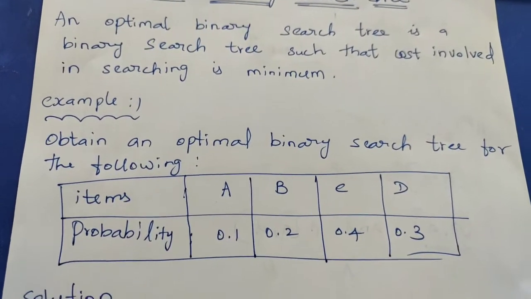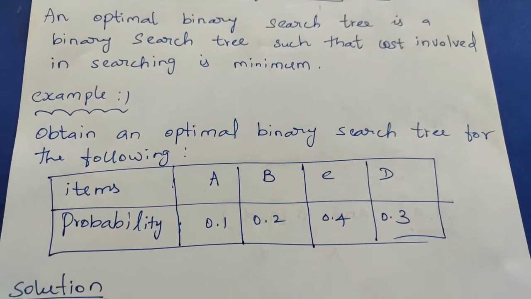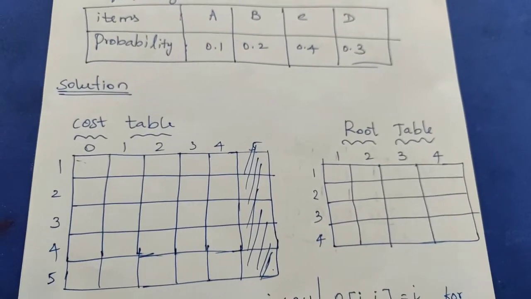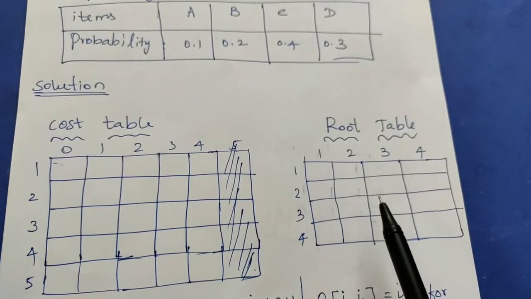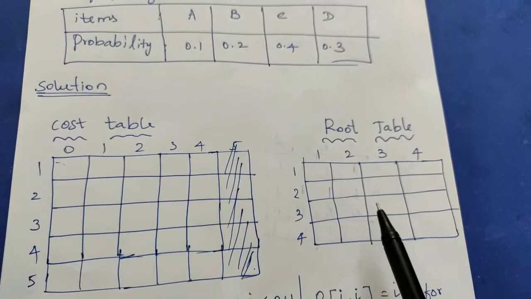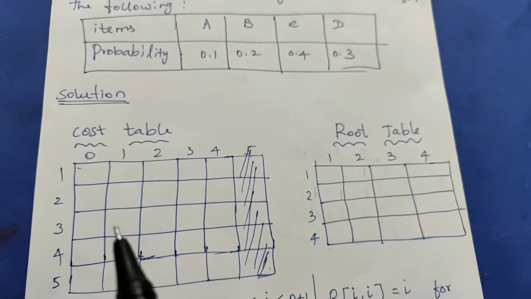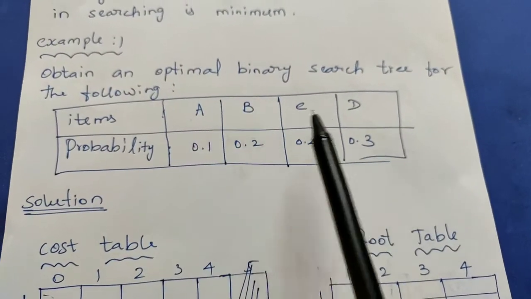The first step to construct an optimal binary search tree is you need to construct 2 tables. One is a cost table, another one is a root table. The cost table size depends on how many items you have.